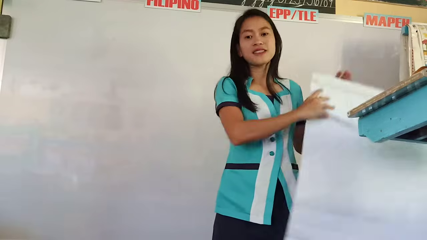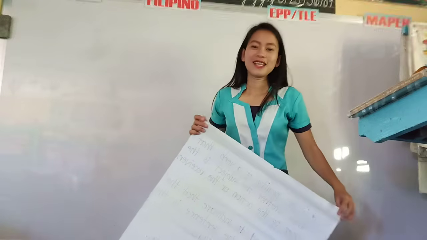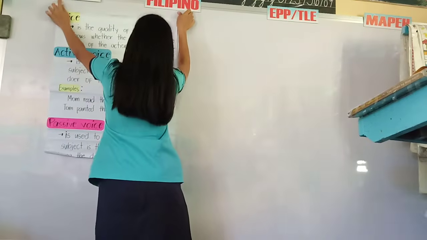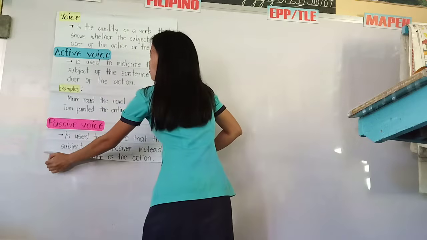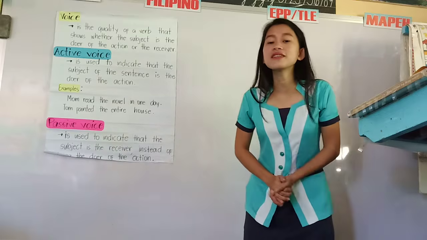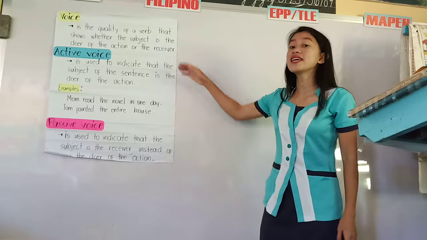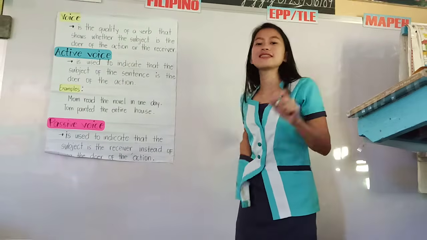Active and passive voice are two special forms of verbs. Voice is the quality of a verb that shows whether the subject is the doer or the receiver of the action.